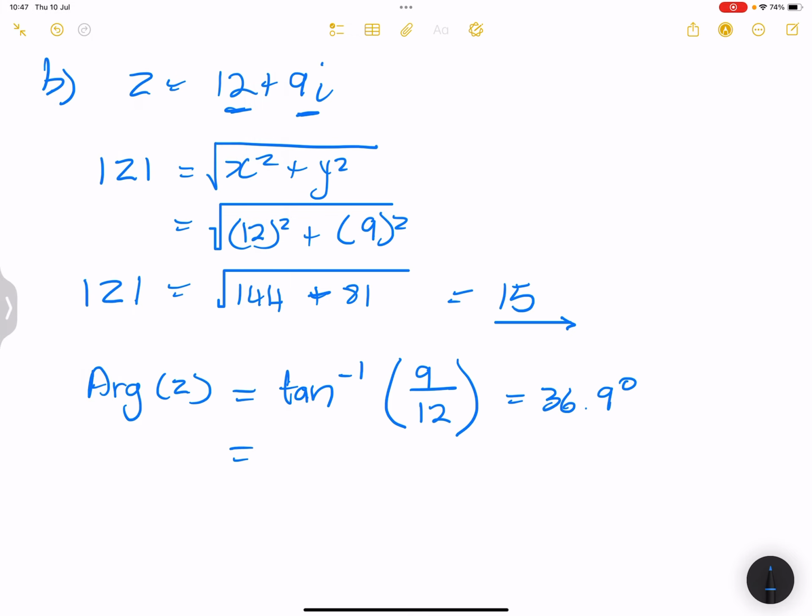But note, I could have also used a different trig ratio for the argument. Remember that sine is y over r. So if I said the arcsine, the inverse sine, then y is 9 and our r value, our modulus, is 15, so that's 9 over 15.